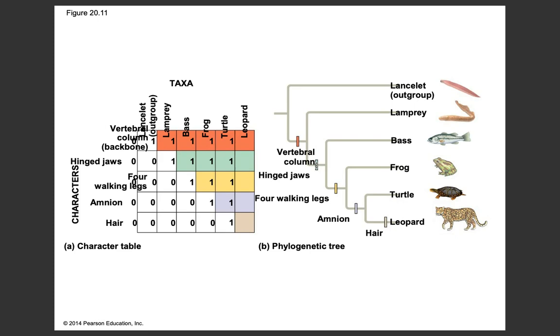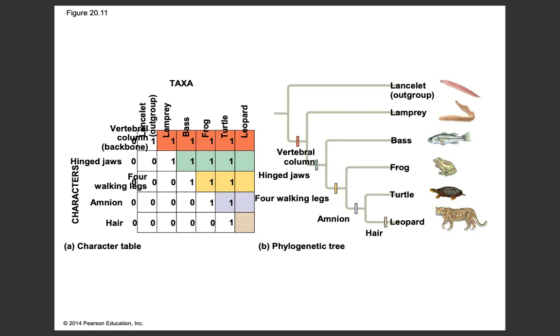No. Does the lamprey have a hinged jaw? No, because it broke off before the hinged jaw developed. Does a lancelet have a hinged jaw? No, it does not. Does a bass? Yes. A frog? Yes. The turtle, the leopard, yes.